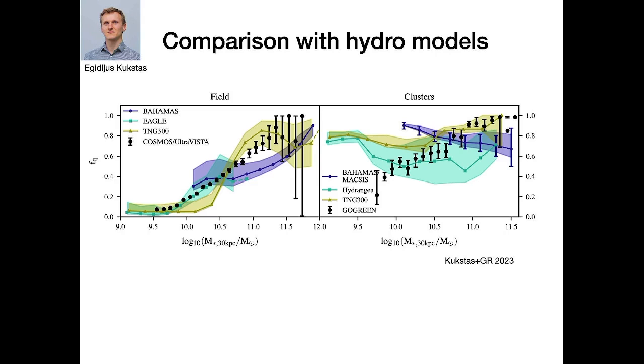We then compared the GOGREEN quench fractions to hydrodynamic models, where we tried to really consistently select passive and star-forming galaxies between the two samples. This is a paper by Egidijus Kukstas, who is a grad student at Liverpool. And for central galaxies, as we kind of know, the quench fractions from things like EAGLE and TNG300 match the observations pretty well.